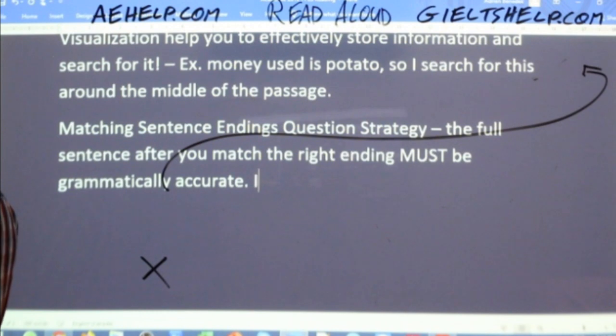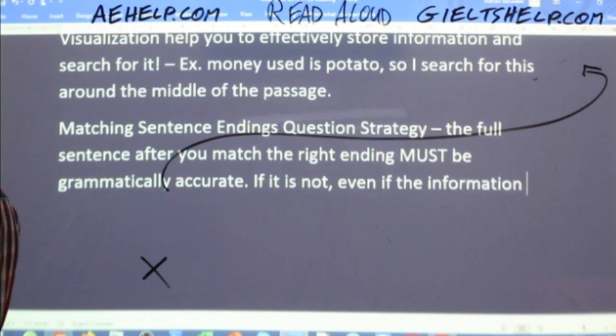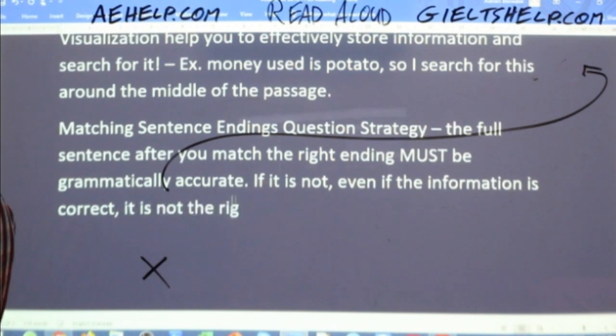If it is not, even if the information is correct, it is not the right answer. So keep looking. Okay, careful.